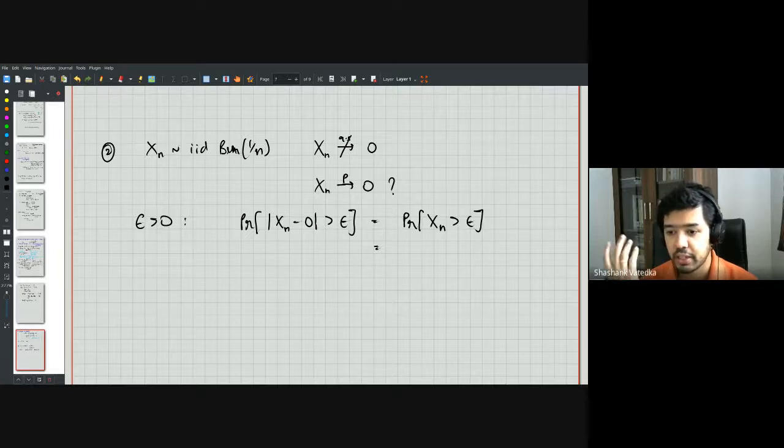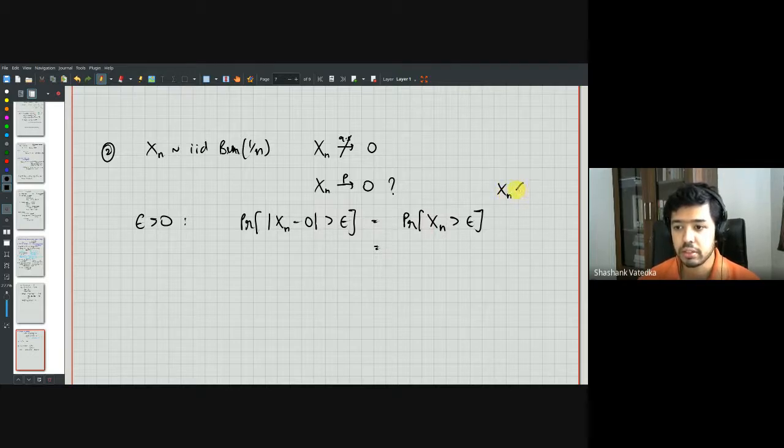So what values can Xn take? Xn can take values either 0 or 1, right? It's a sequence of Bernoulli random variables.